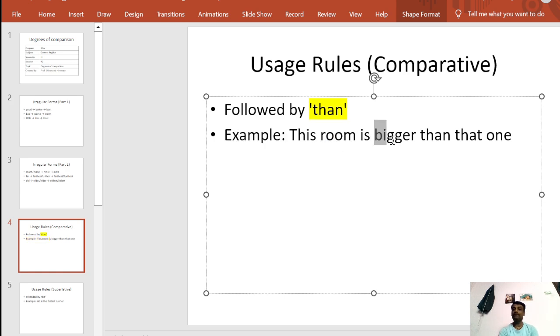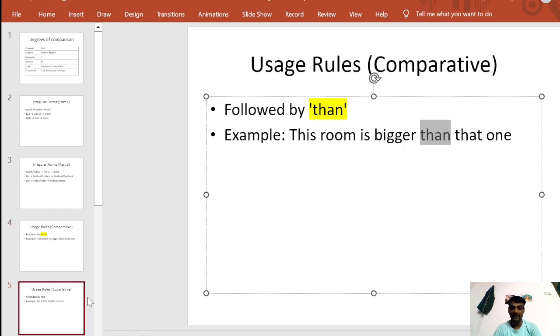Bigger is the comparative form, and a special word, than, has to be used in the comparative degree. That must not be forgotten. Most of you do commit a mistake by using the word THEN. It is not THEN, it is THAN, right?